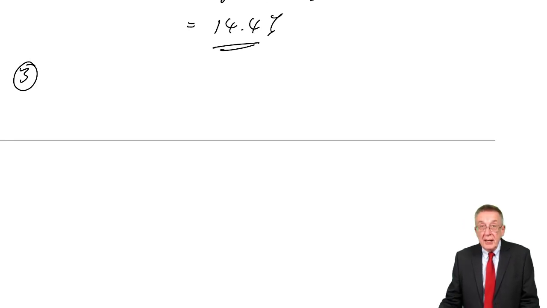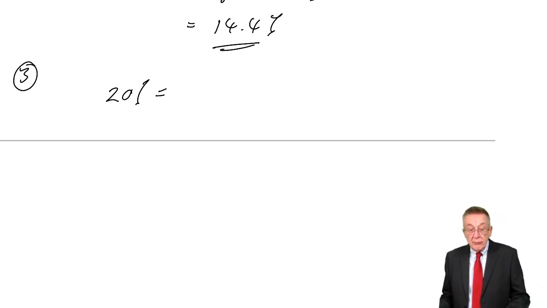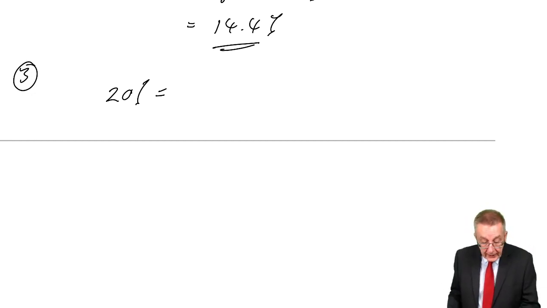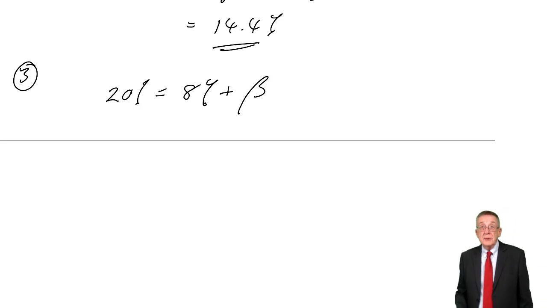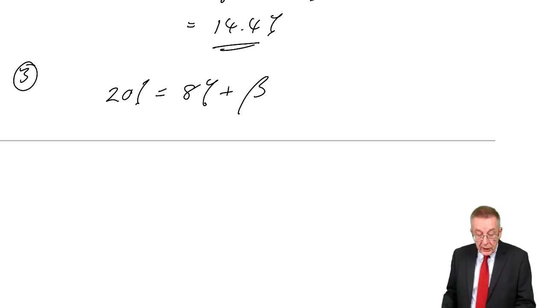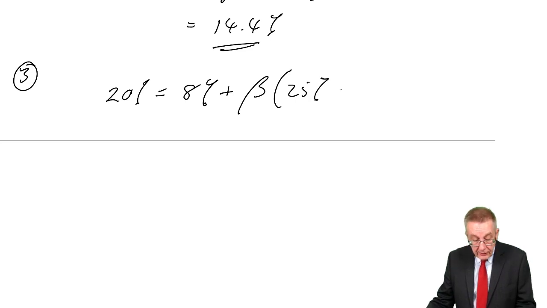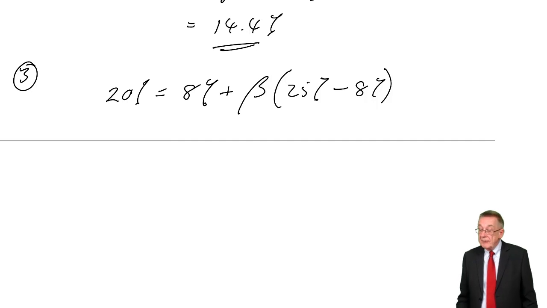Well, the required return, which here is 20%, is equal to the risk-free rate, government securities 8%, plus beta, which we don't know, times whatever premium the market's giving. The market, the stock exchange as a whole, is giving 25% as against risk-free 8. The market premium is 17.